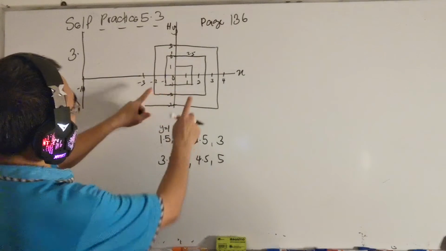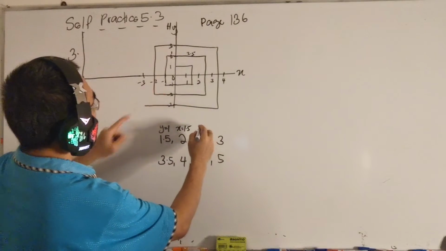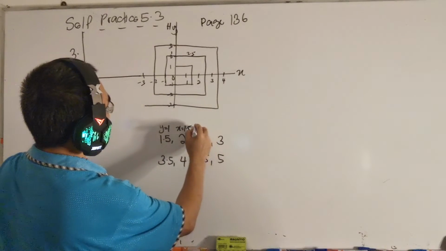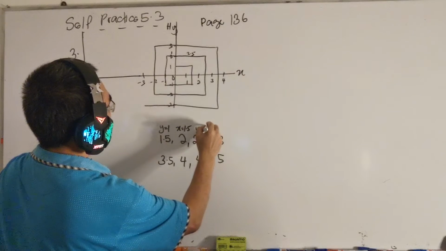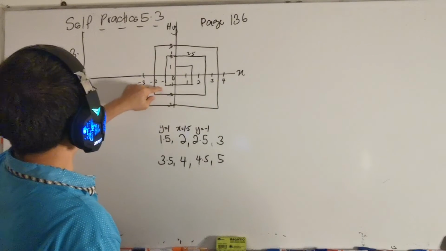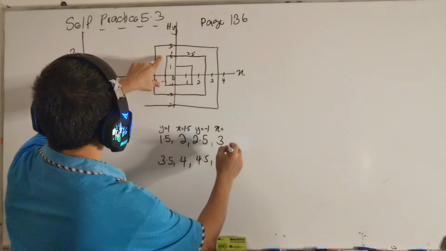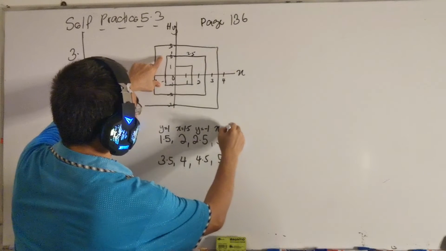Then this is y equals negative 1, and then this is x equals negative 1.